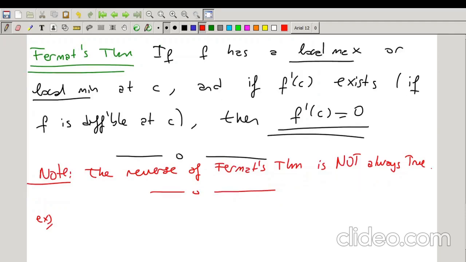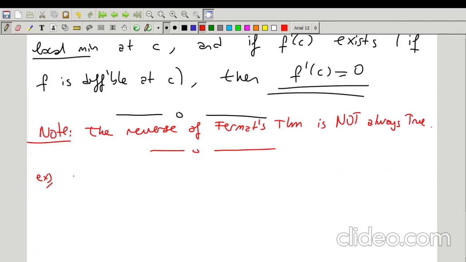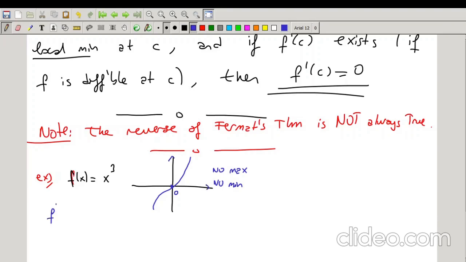Then we will have an example, f of x equals x power 3. We did already this example. We had the following graph, no max, no min. We already stated that on the previous page. Let me check f prime. F prime of x is equal to 3x squared, and as you see, f prime exists and f prime of 0 equals 0.